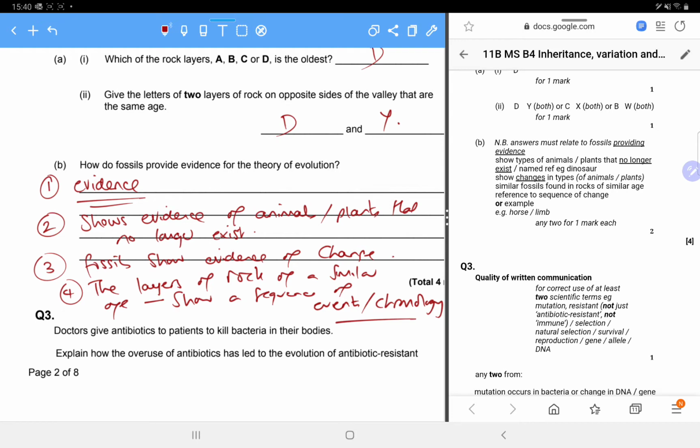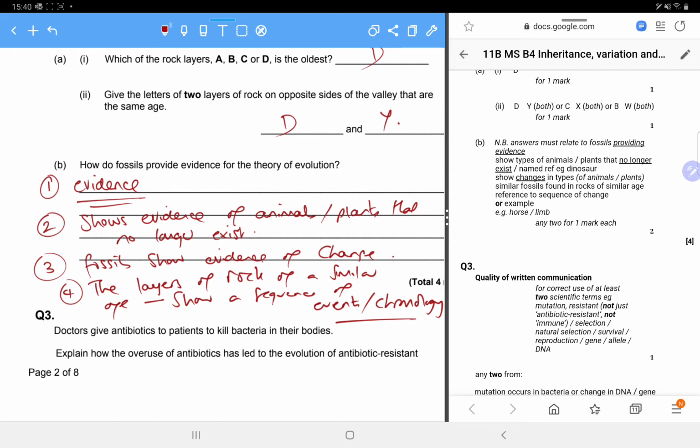Now, this is really, really good because this actually is the answer for any evidence of fossils question that you're going to get, anyone's going to get. And the board have laid out their exact wording for what you need to write for fossils being evidence of evolution. The fossils show evidence of animals and plants that no longer exist.